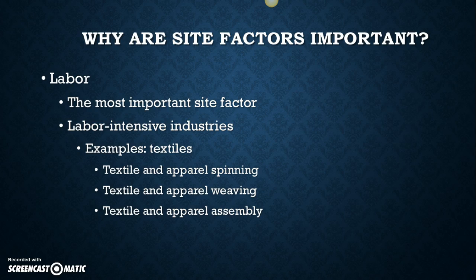And these are all related to textiles, all related to clothing. We're going to start out by talking about textile and apparel spinning, and that's just the actual spinning of the thread to make the cloth. And then we're going to talk about weaving, which is the process of actually making the cloth, out of which fabrics or clothes are cut, or towels, or whatever kind of end product we're talking about.